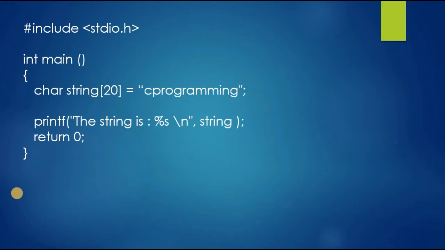This is a simple program for a string. Inside the main function we declared a character string of size 20 equal to "C programming". Then we gave a printf statement. In the printf statement we wrote "The string is %s\n", string.